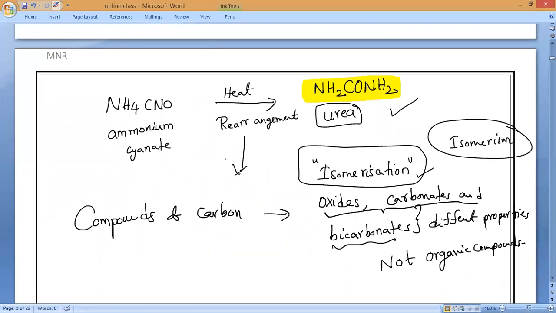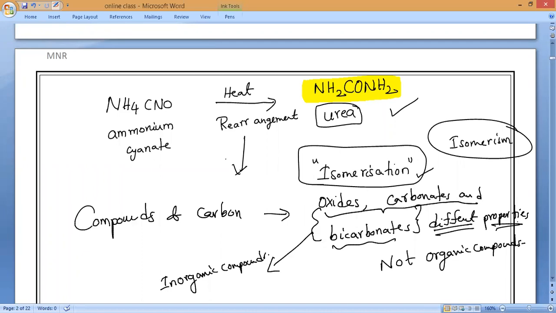So if they do not belong to organic, what are they called, guys? Inorganic. So anything not having the properties of common organic compounds, we call inorganic compounds.